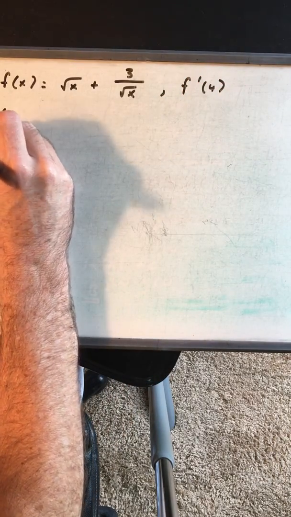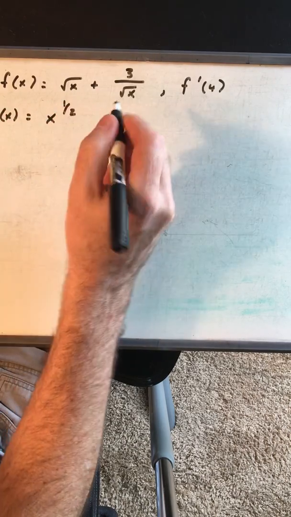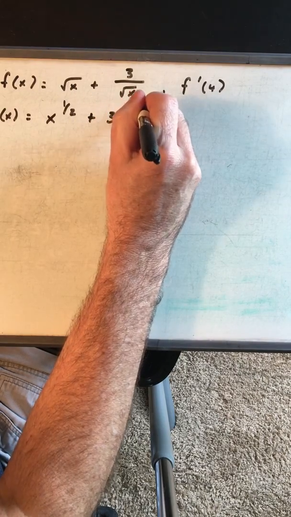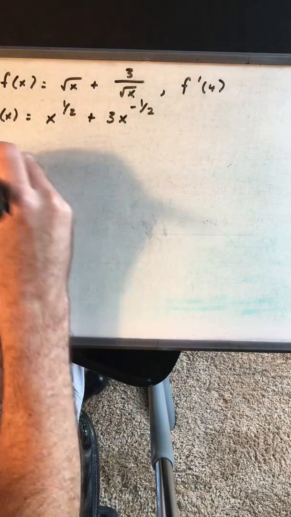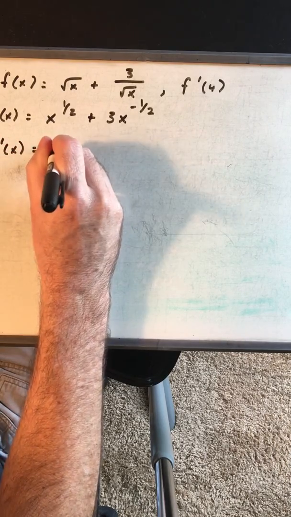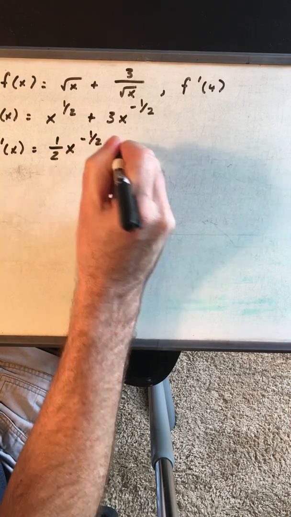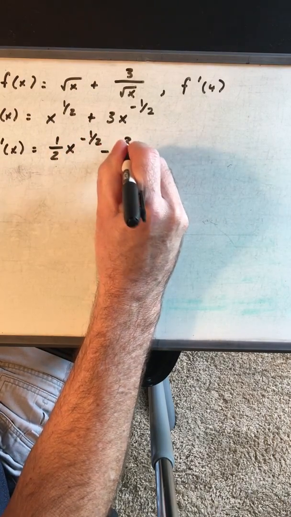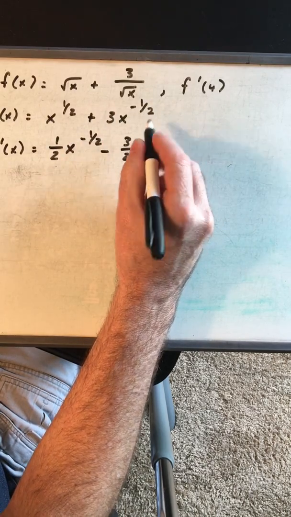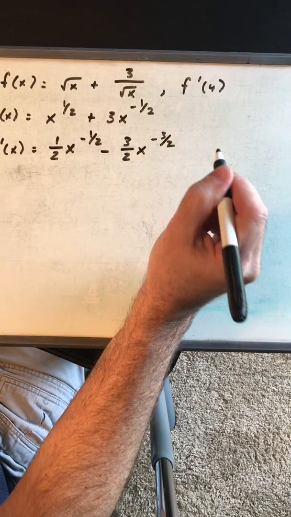Let's rewrite f of x as x to the 1/2 plus 3x to the minus 1/2. So f prime of x then would be 1/2 x to the minus 1/2 minus 3/2, bring that negative 1/2 down front times a 3, x to the minus 3/2.